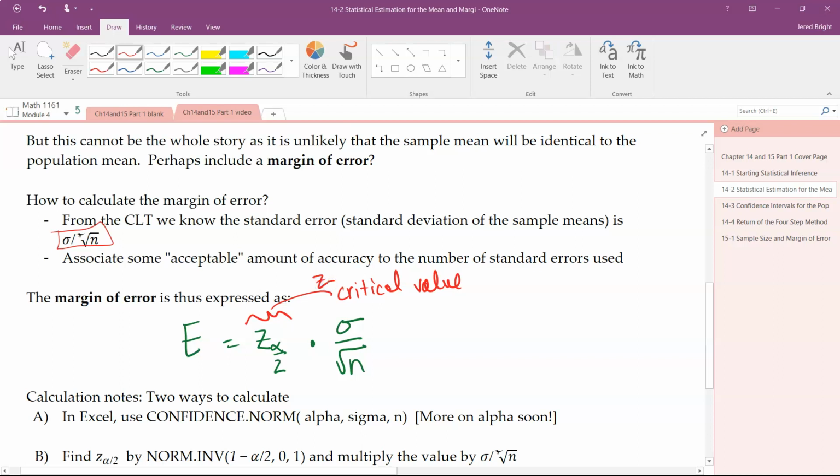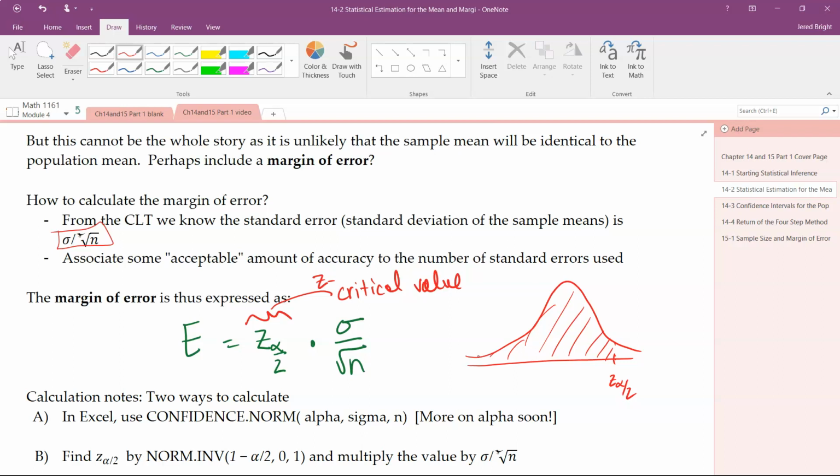If you're interested in how this is developed, it does come from the standard normal distribution. It's an observation from the standard normal distribution. Right now it's a little vague, and I'm going to leave it as that because it's a little bit beyond what we need for this course.